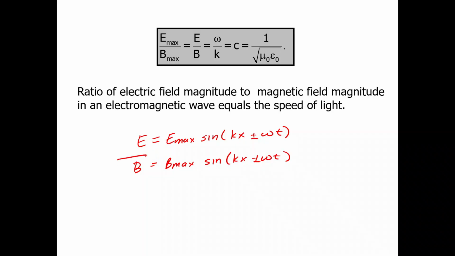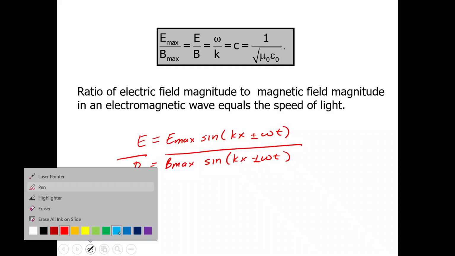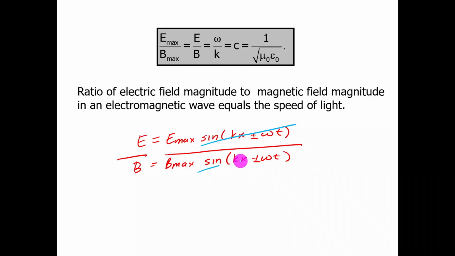If you were to divide those, what ends up happening is that the sine term is identical in both, and so that cancels out. So that tells us that E over B is equal to the same as E max over B max. So those ratios stay the same.